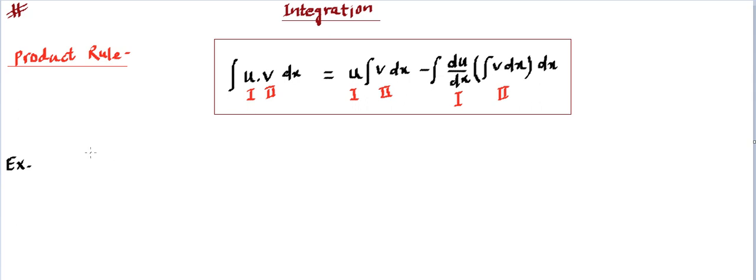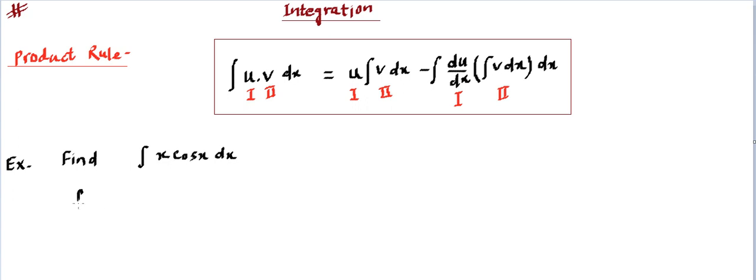Somebody says find the integration of x into cos x dx. As per all the prior rules that we have understood, we will not be able to integrate this, because it involves two functions as a multiple. So here we need to go for the product formula.